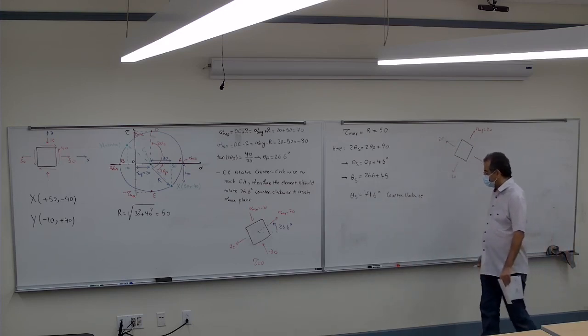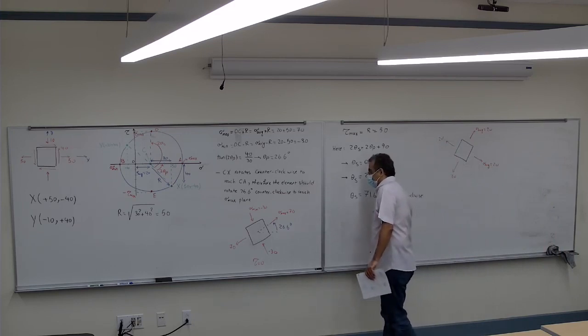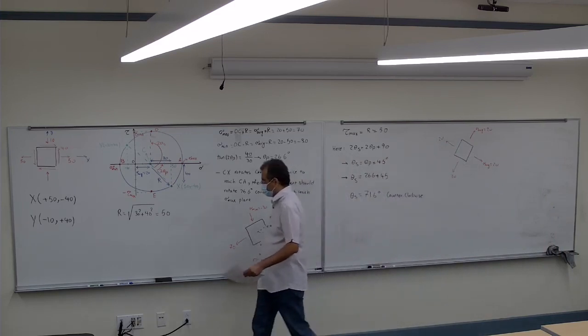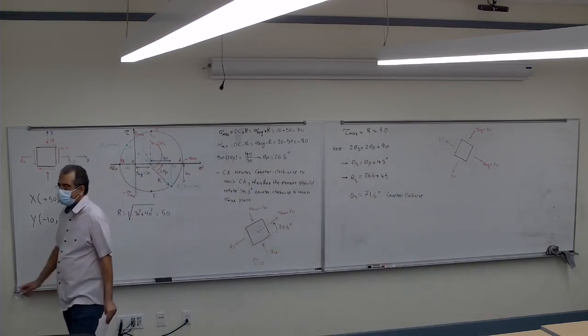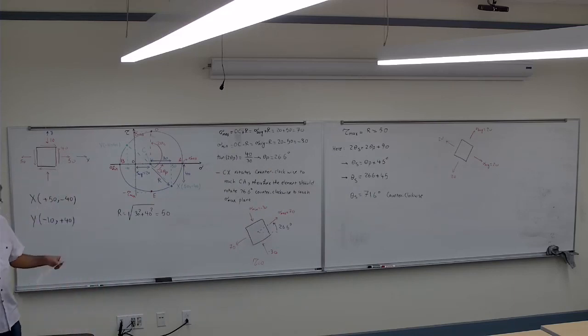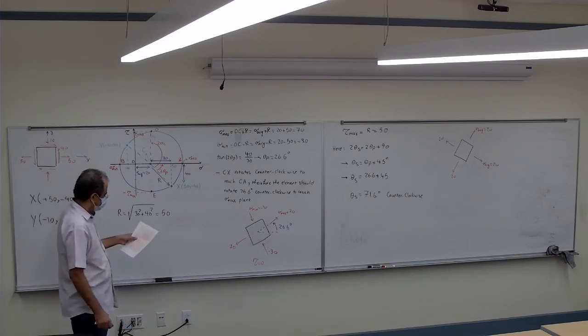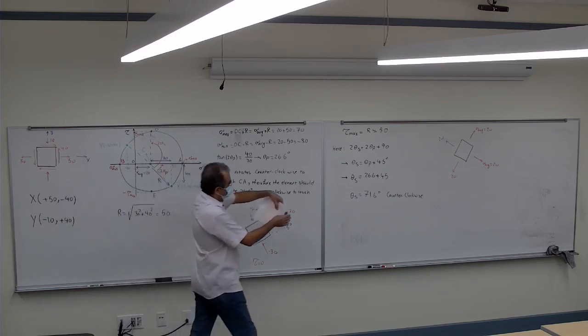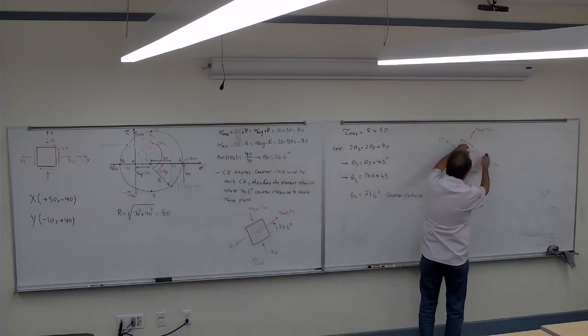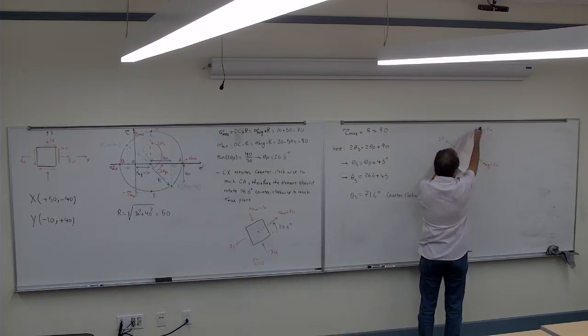Now, what about the top? What would be the direction of the top? My x was here, now it is here. So that's my x prime, correct?